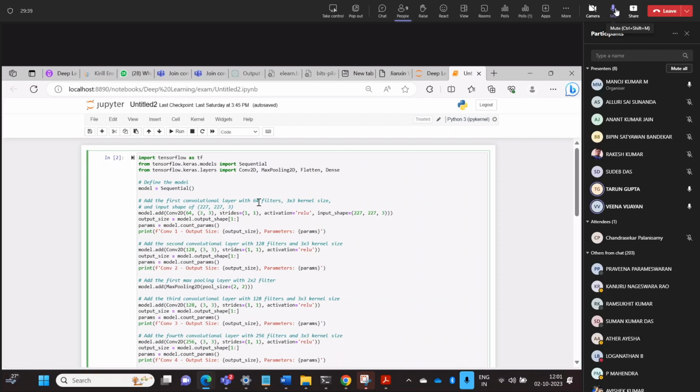The K filters value is 64 here. The image is 3-dimensional, 227 by 227, that is RGB. So for that 227 by 227 with three dimensions, we have 64 kernels first. Why 64 kernels?